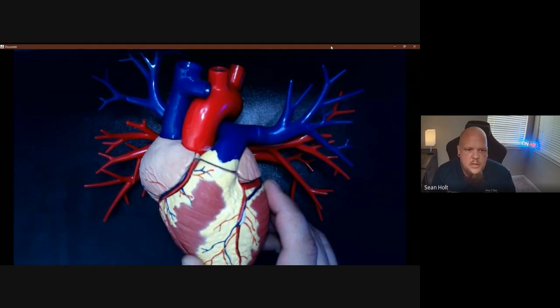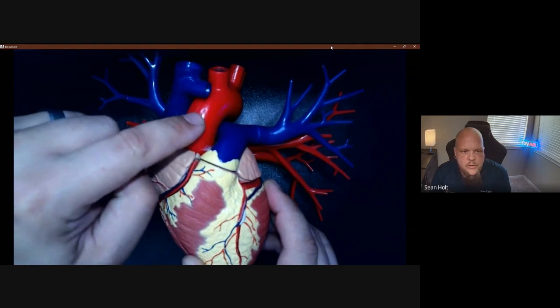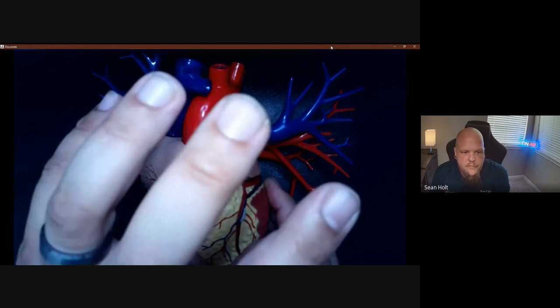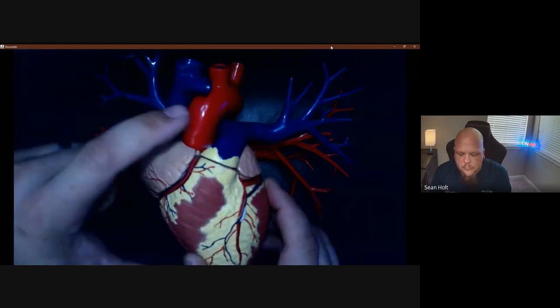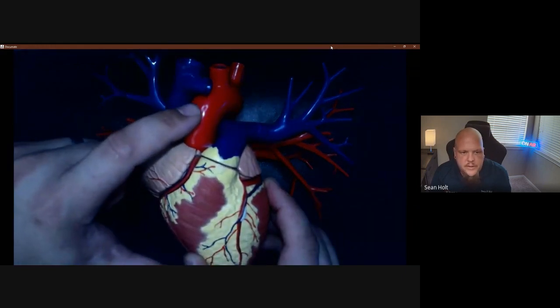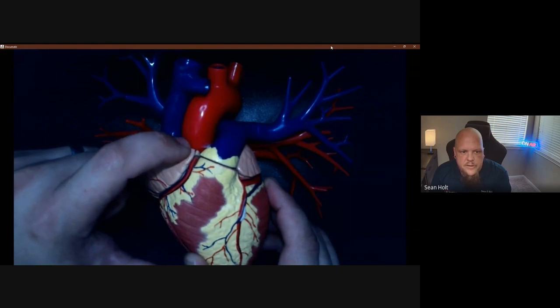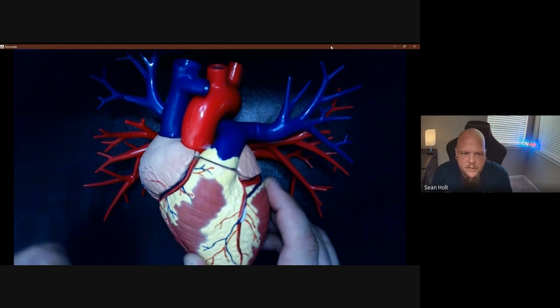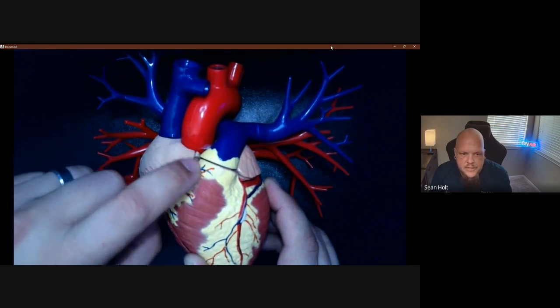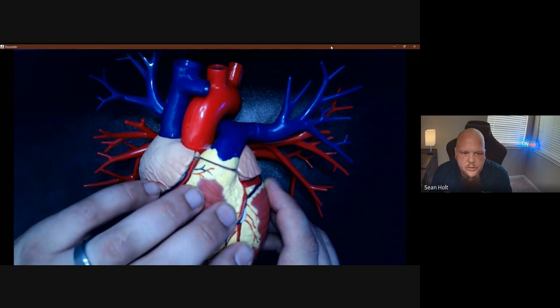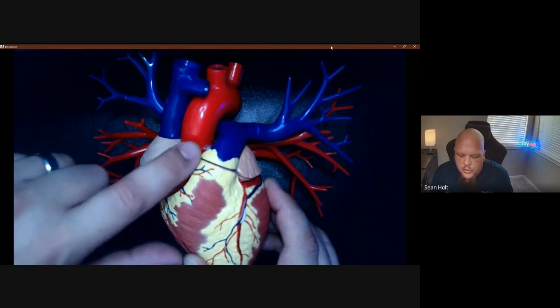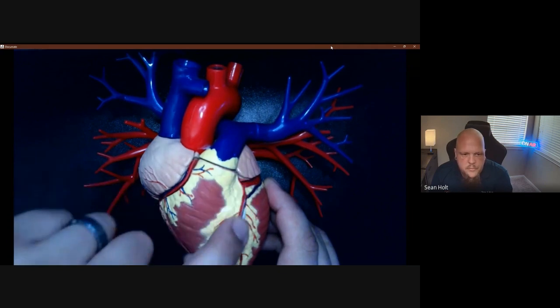When there's higher pressure in the aorta than in the ventricles, whenever the ventricles contract, it pushes higher pressure into here and a valve snaps shut at the very base of this aorta. When that valve snaps shut, that is called diastole. So this muscle right here relaxes, okay? During that relaxation phase is when the heart gets its blood flow, all right?